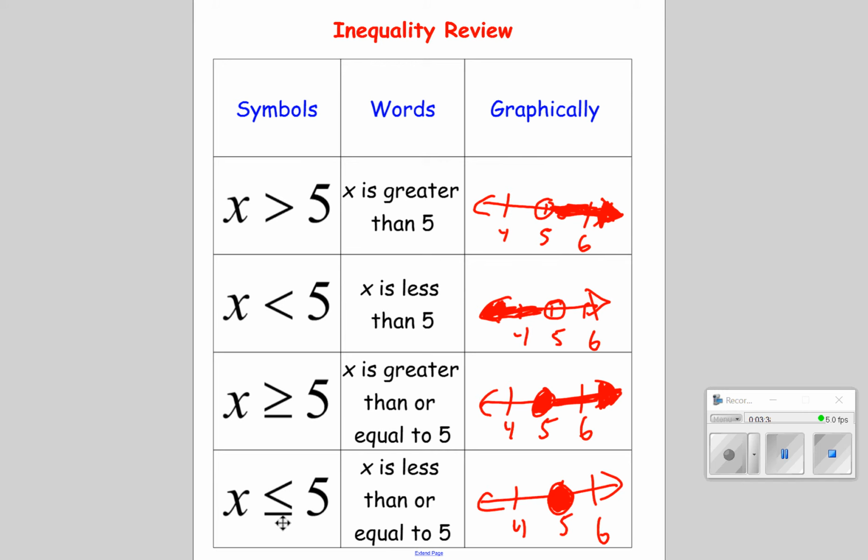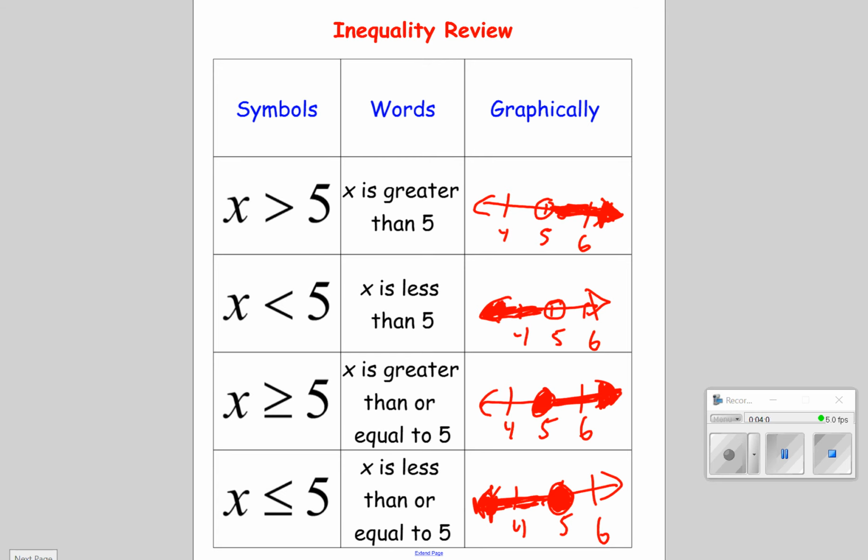But then we have to also include all the numbers that are less than 5. So we'd shade the number line in this direction. So all the shaded numbers to the left of 5 are also less than or equal to 5.